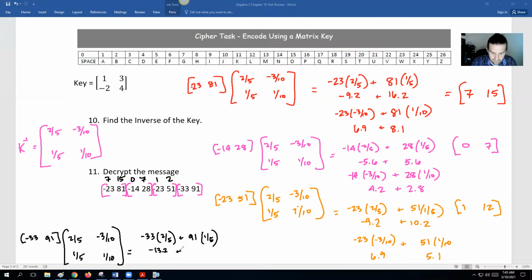And then 91 times 1/5 is 18.2. Add them together, that is just 5. All right, last one: negative 33 times negative 3/10 is 9.9, plus 91 times 1/10 is 9.1. Add them together, that's 19.